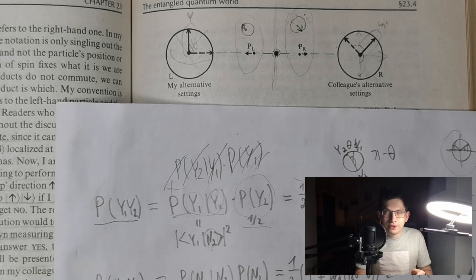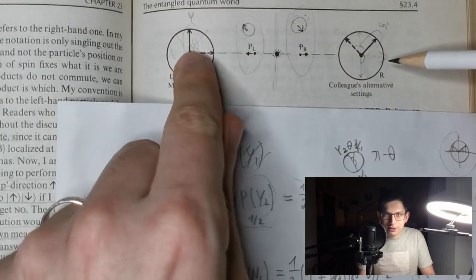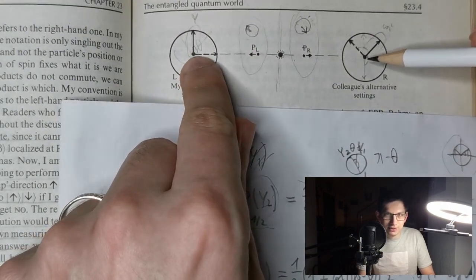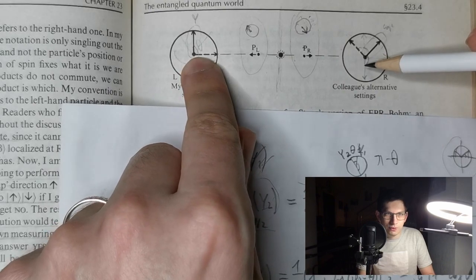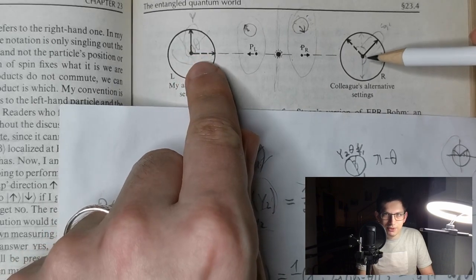So basically I can reformulate it as a simultaneity question. There is no simultaneity here in quantum mechanics. We cannot simultaneously measure both particles at both detectors. There will always be a time discrepancy.